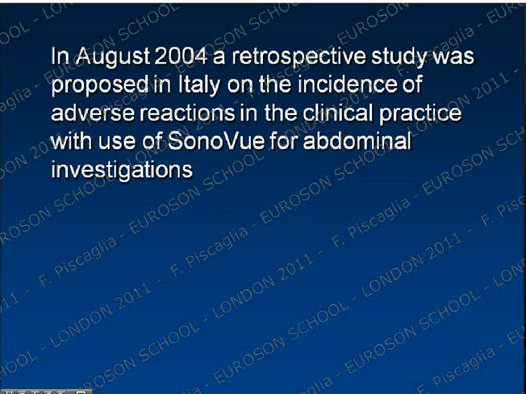However, at that time, while the committee was investigating this situation, in Italy we decided to perform a retrospective survey on the incidence of adverse reactions in the clinical practice, due to the fact that the impression was that the rate of adverse events was negligible. And I want to mention that this fatal reaction occurred in patients that were investigated also for cardiac disease.